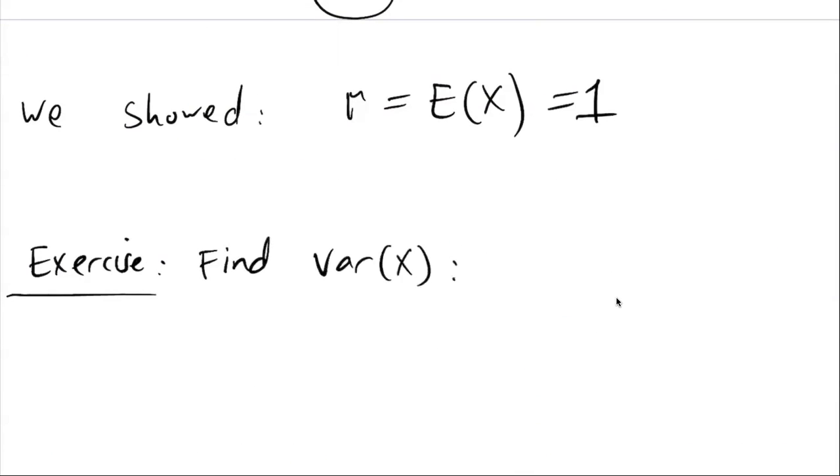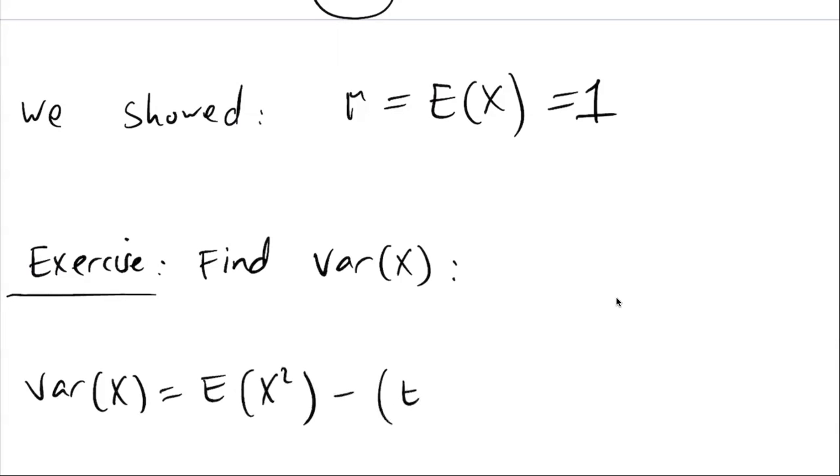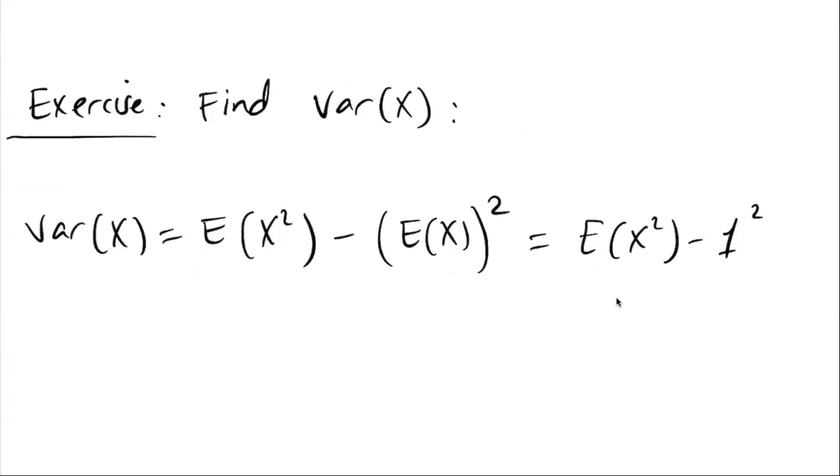But let me give you a hint. We know that the variance of x is the expected value of x squared minus the expected value of x, the whole squared. The expected value of x we already calculated above, so this is E of x squared minus 1 squared, and that's E of x squared minus 1.